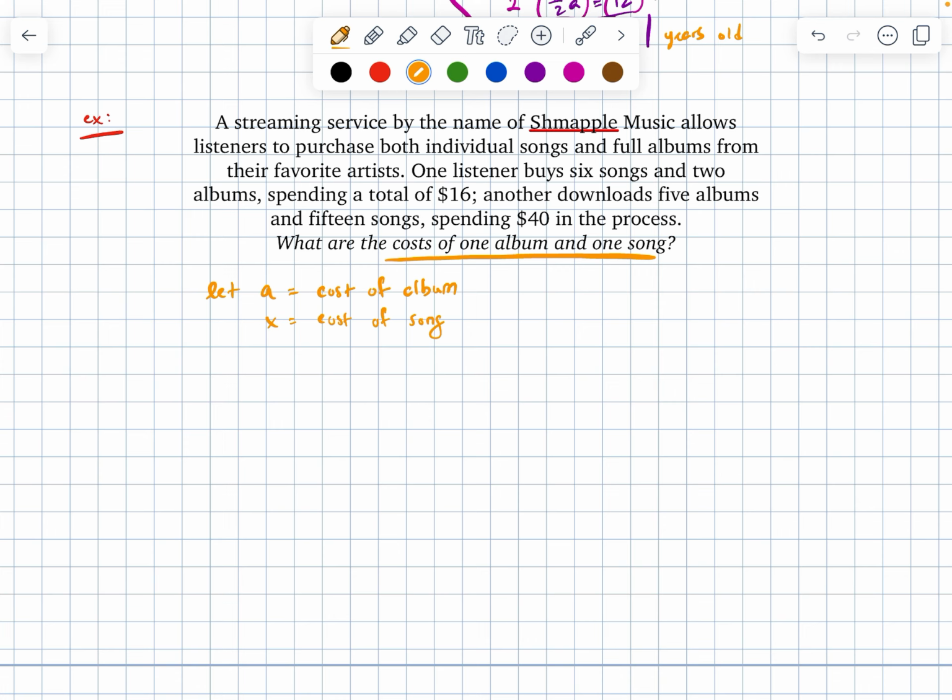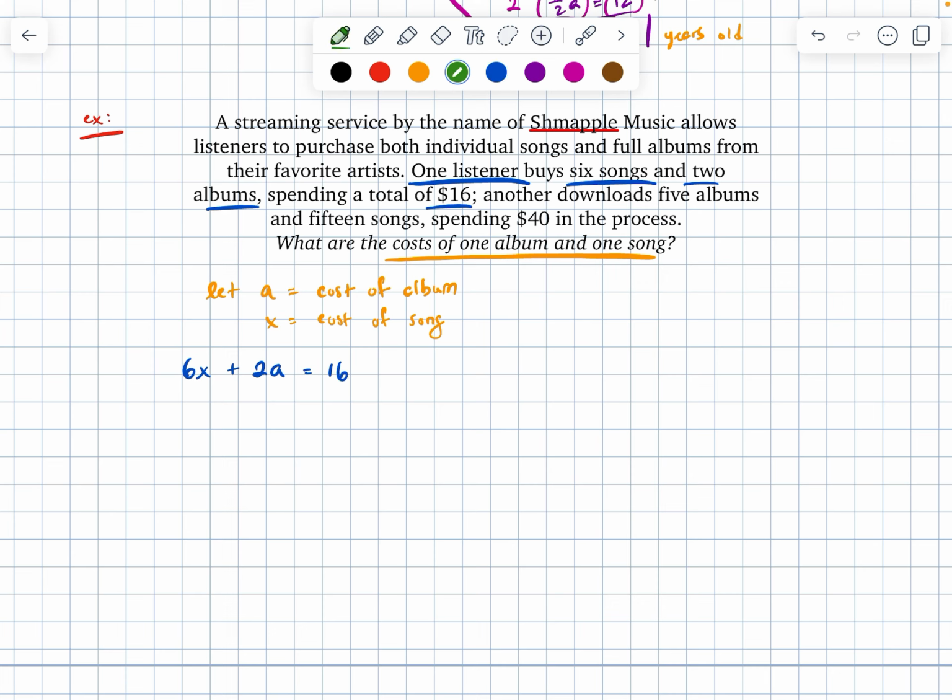Now, I'm going to set up my system. Here's a classic cost problem. I know that my first case, I have a listener who gets 6 songs and 2 albums. They spend $16 in total. So if I take my 6 songs times the number of dollars per song, and I add that to my 2 albums times the number of dollars per album, that should get me to a total of $16.